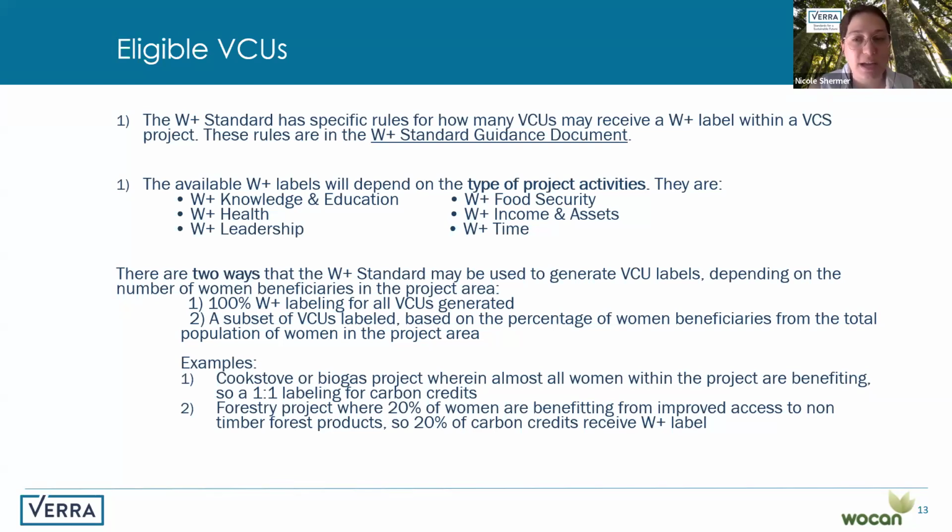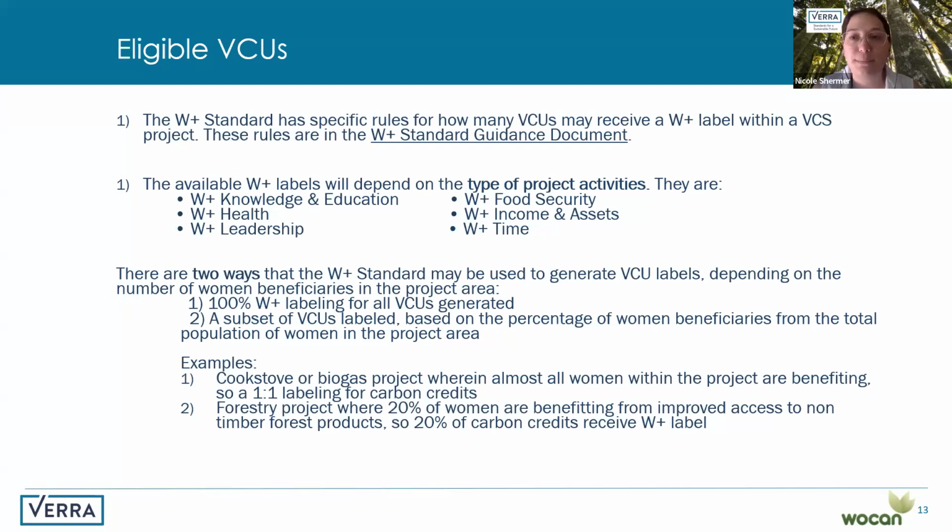Essentially, there are 2 ways that a project using the W+ standard can generate those labels, and that depends on the number of women beneficiaries in the project area. It can either be 100% or it can be a subset. So 100% might be cookstoves or biogas projects where almost all of the women or all the women within a project area are benefiting from that activity type.